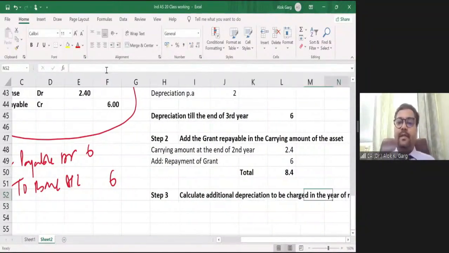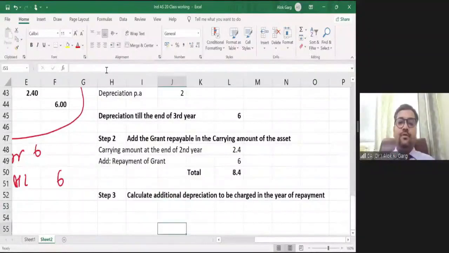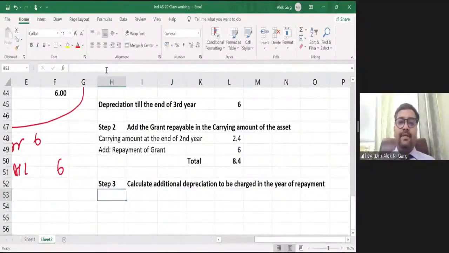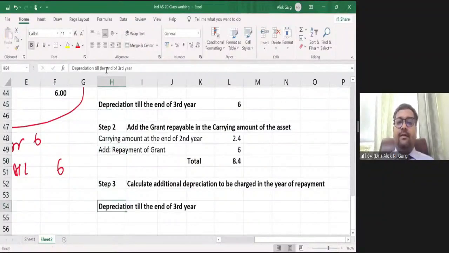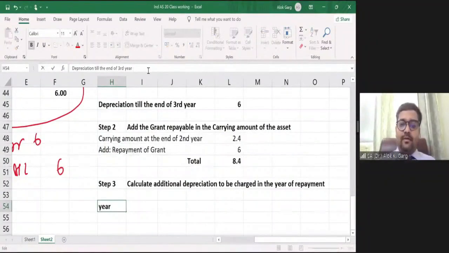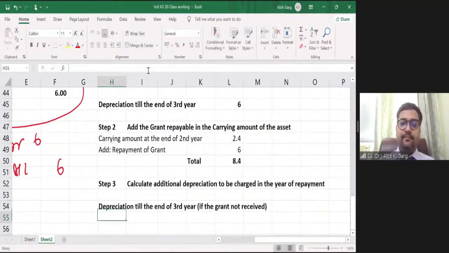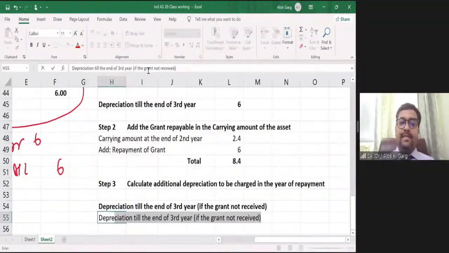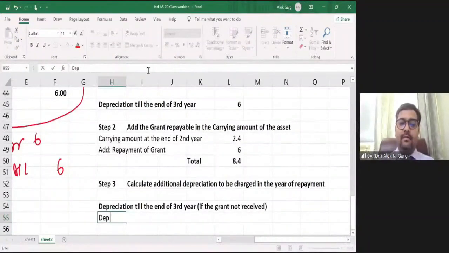So depreciation till the end of the third year if the grant was not received, less depreciation already charged till the second year.